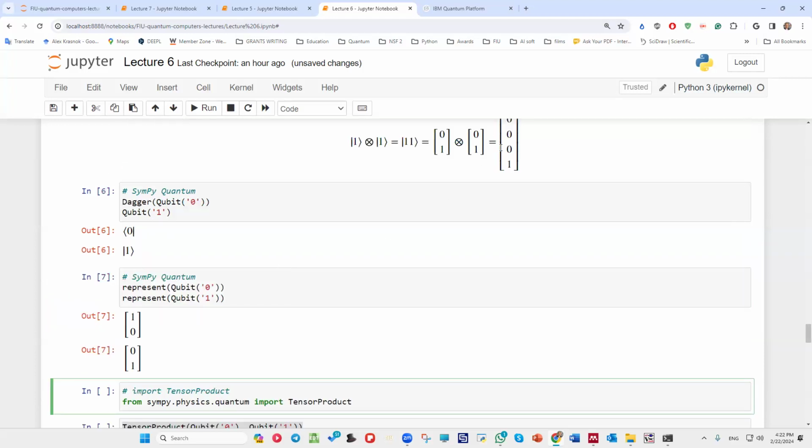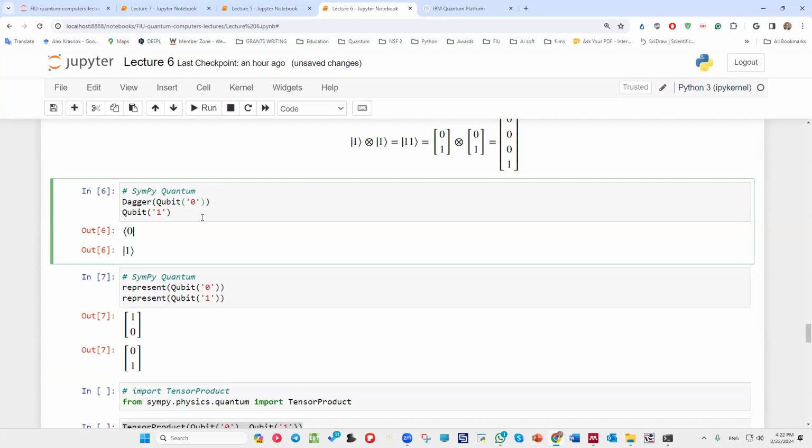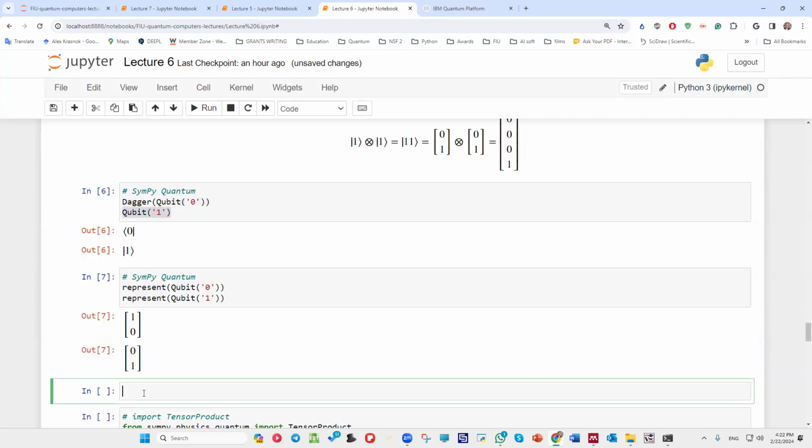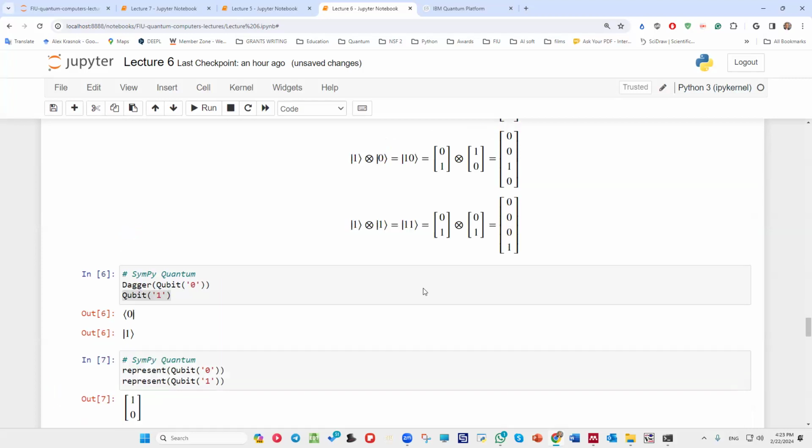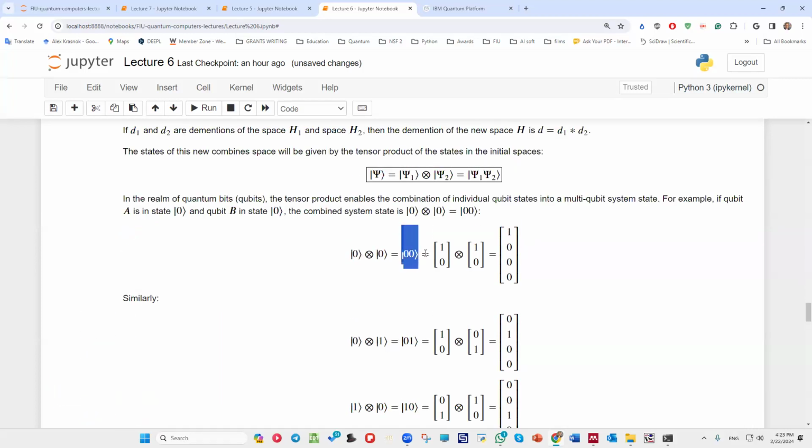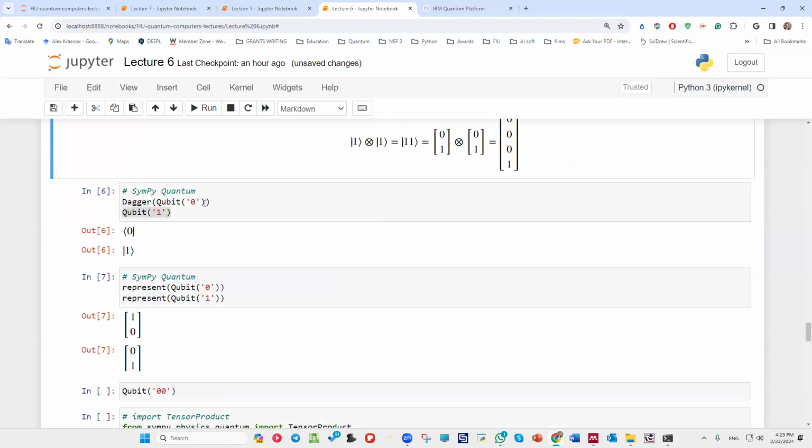And what about qubits or systems with a larger number of qubits? It's also very simple. I just write Qubit, and then in these quotes, I write the particular vector. So Qubit 0, 0 will represent the state 0, 0 here, given by this column vector 1, 0, 0, 0.